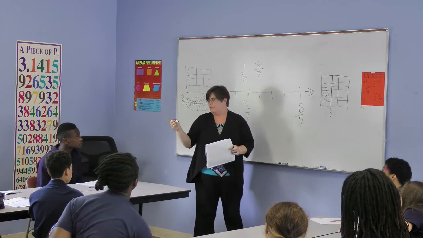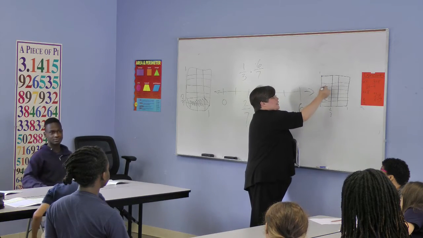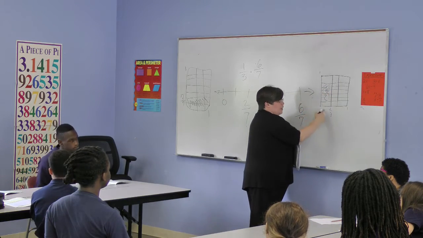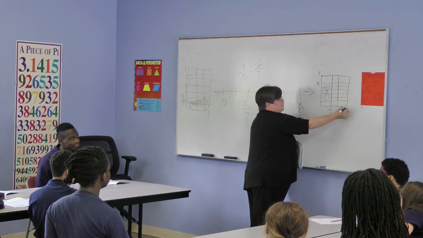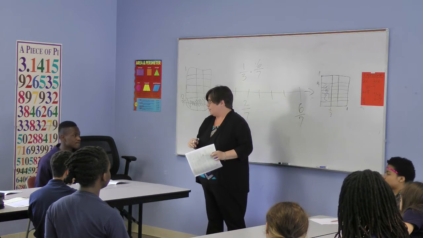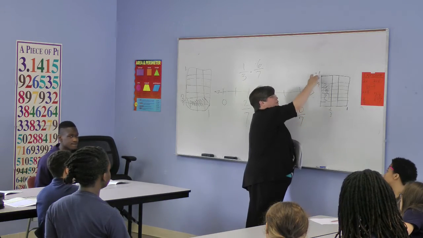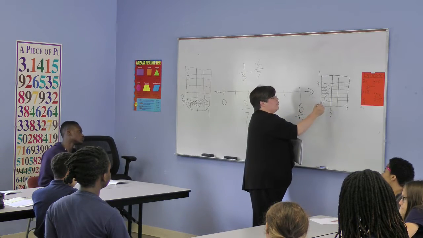Yeah. So then you marked 1/3, and you marked 6/7 out of 1, because this is a whole, and that's 1/3, kind of like you just did with the number line, correct? And then you marked 6 out of 7, kind of like you did with the number line again, and you marked where they overlap.